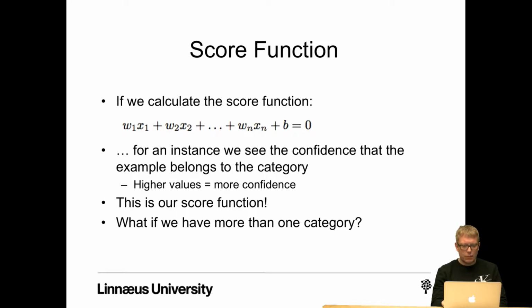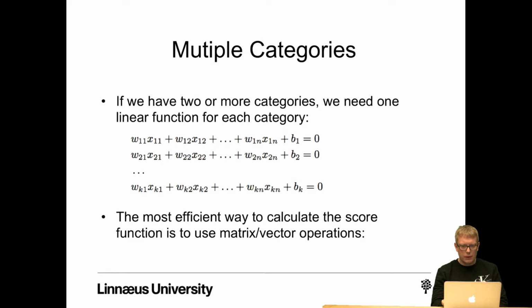But what if we have more than one category? If we have two or more categories, which we usually have, we need one linear function for each category. So the first linear function maps to the first category, the second linear function maps to the second category, and we have a number of linear functions depending on how many categories we have.